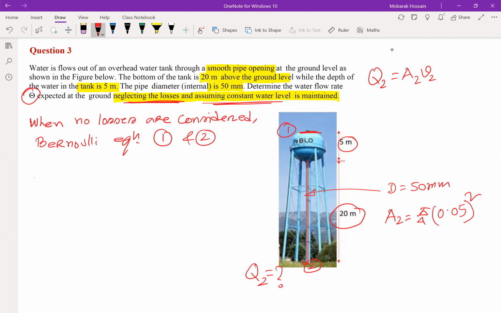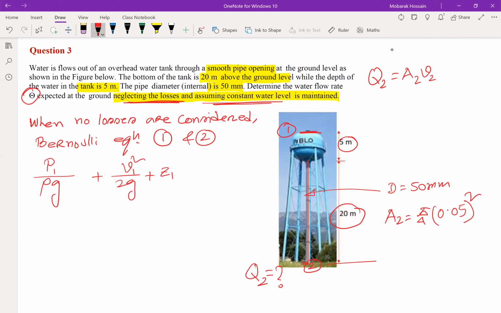So it will be pressure at 1 divided by rho g, then velocity at 1 squared divided by 2g, and the potential energy part, say z1, the height.